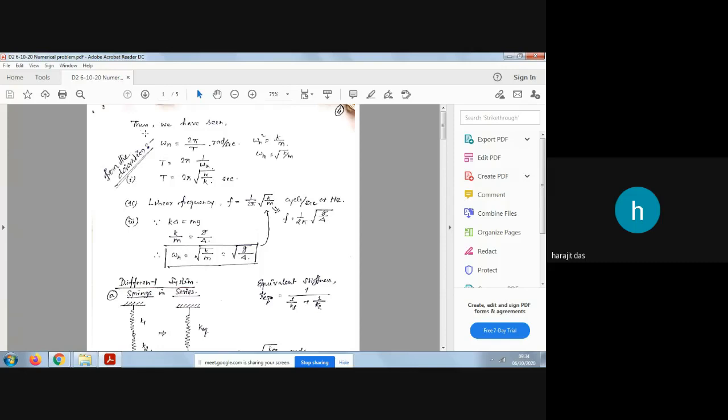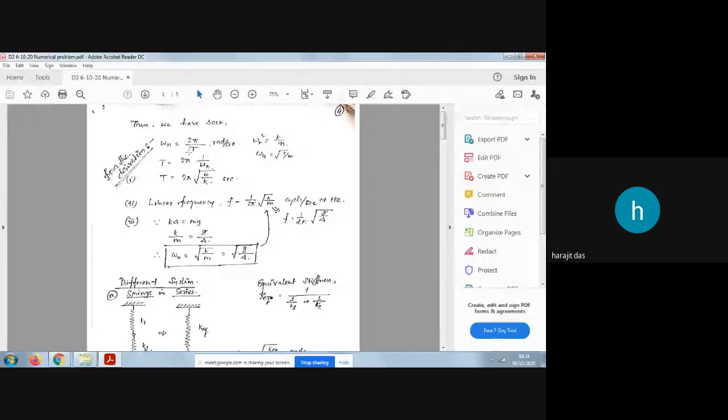We have got the natural frequency omega n. Omega n equals 2 pi by T. For that solution of that cosine or sine function, this is the natural frequency of the system, 2 pi upon T, where capital T is the time period of vibration.